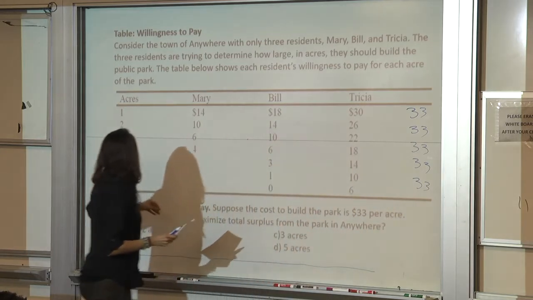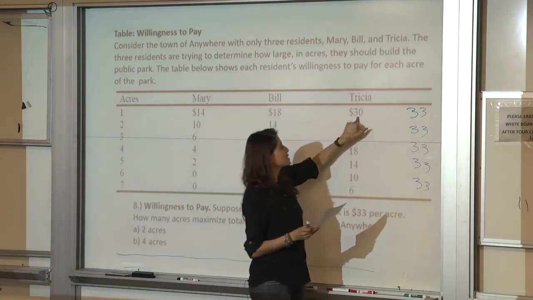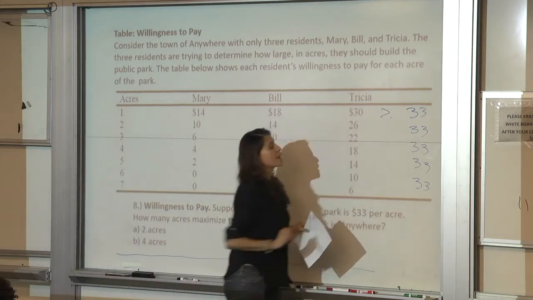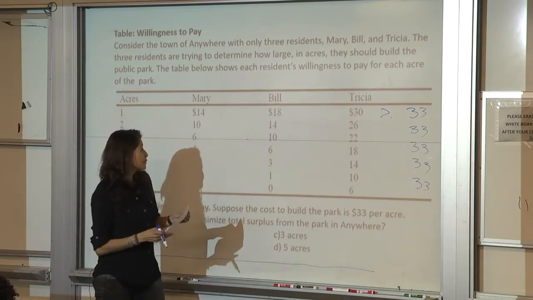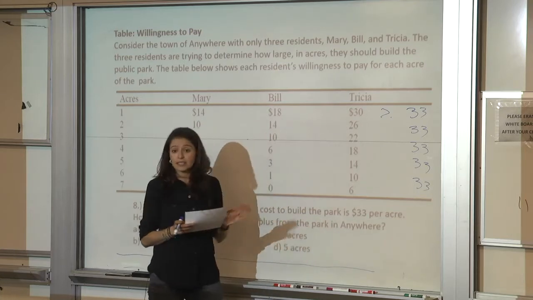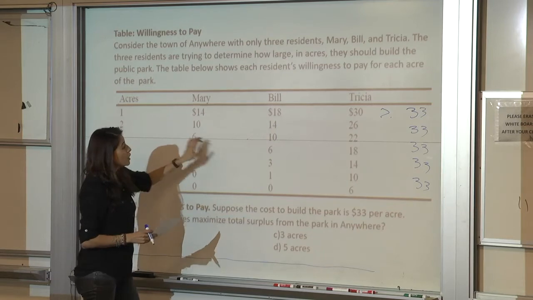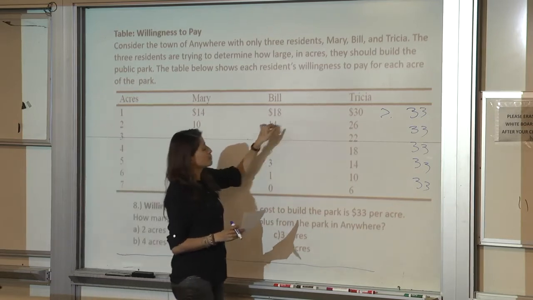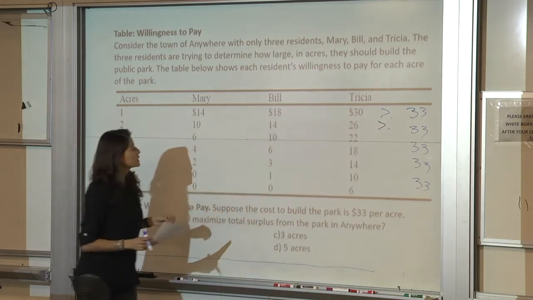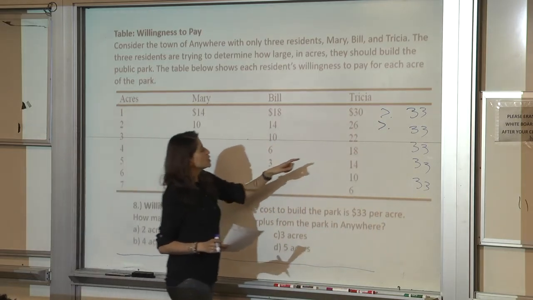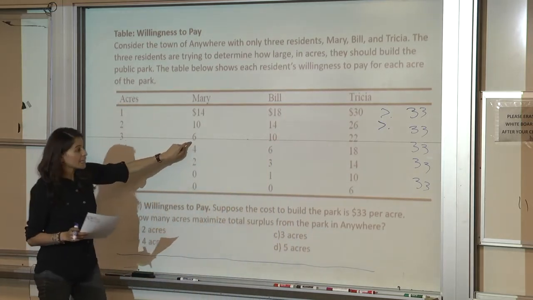So, for the first acre, 14 plus 18 plus 30 is higher than 33, right? I mean, already 18 plus 30 is higher than 33. Now, the second acre, 10 plus 14 plus 26 is also higher than 33. The third acre, 22 plus 10 is 32, plus 6 is 38.